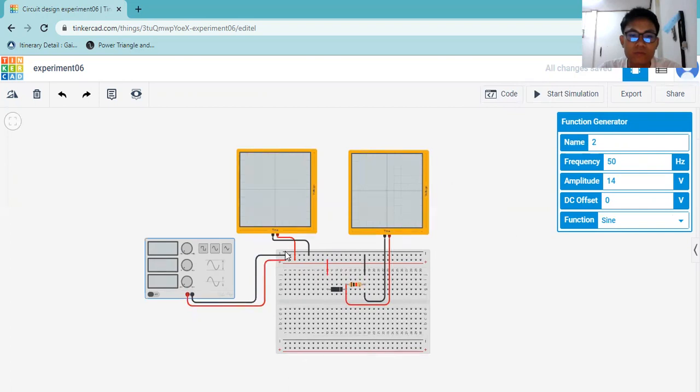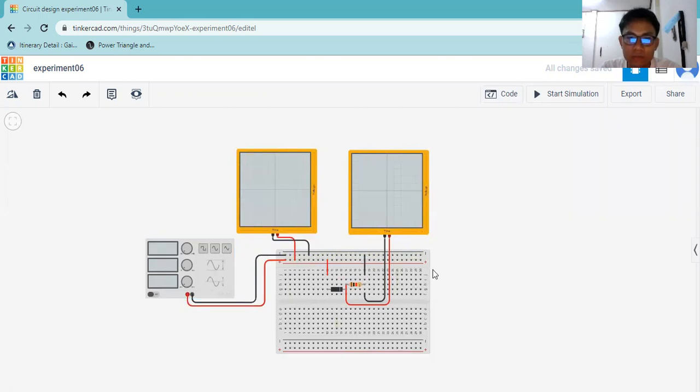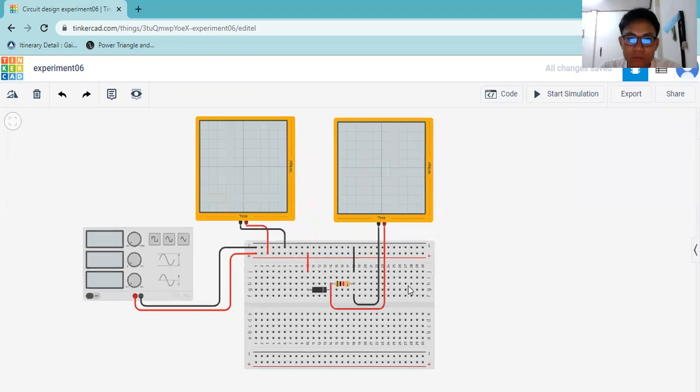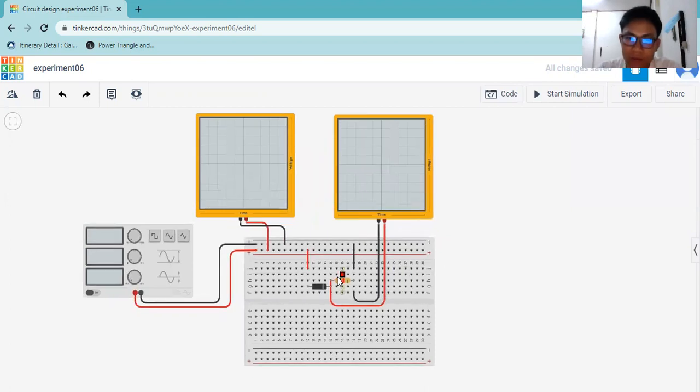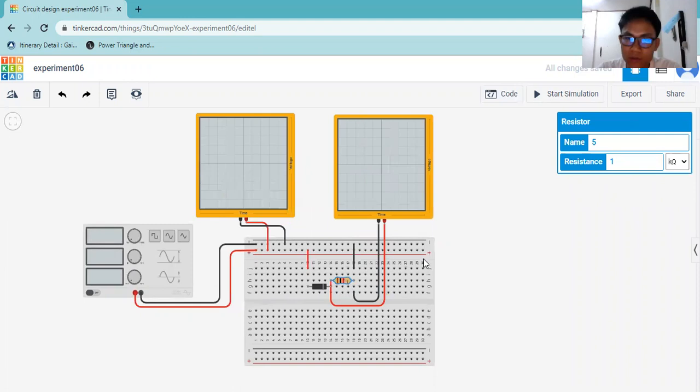So we connect this negative panel and positive panel to this breadboard, and in this part we also need a resistor with the value of 1 kilo ohm and a diode.